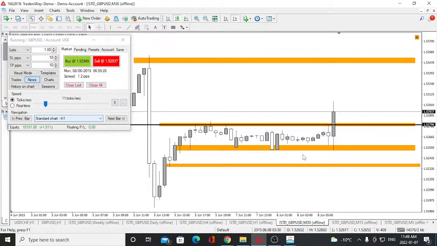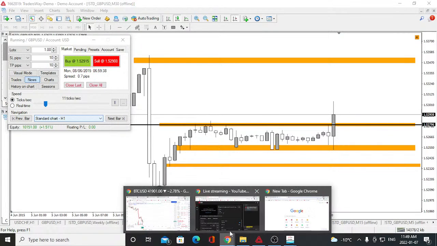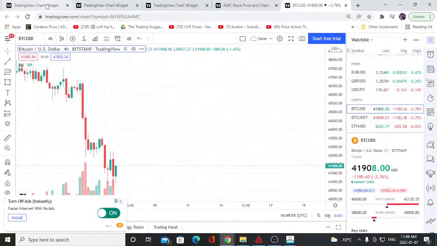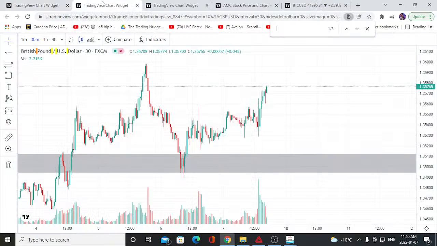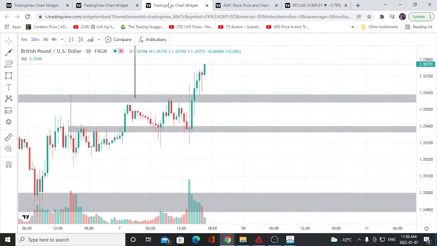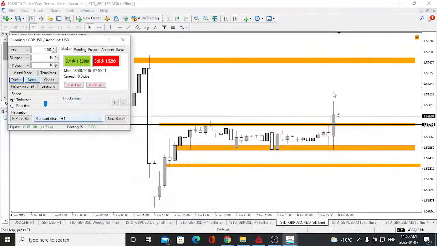You do have to use news as a catalyst because it will allow you to know where price is wanting to go. But as a whole, one of the biggest things I would let people know is have a lot of patience.